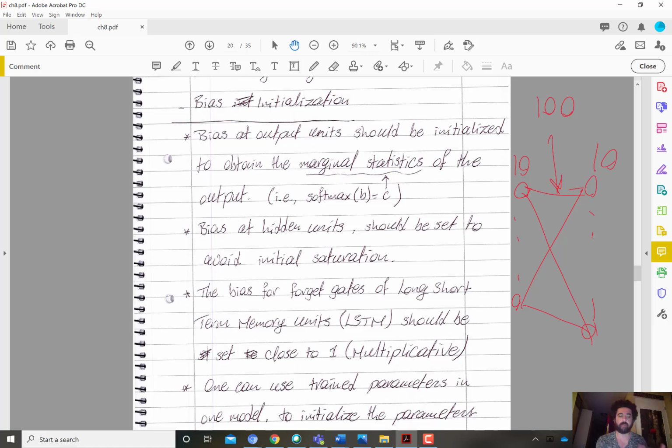So, for example, the bias parameters for the output units should be set equal to the marginal statistics of the output. So, for example, if I have 10 classes and 10 softmax units corresponding to the 10 classes, I should initialize the bias parameters of these softmax units to the marginal statistics, the probability of observing each of these classes in general, right?